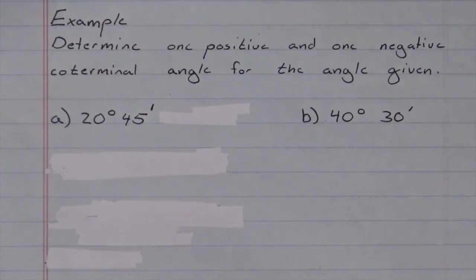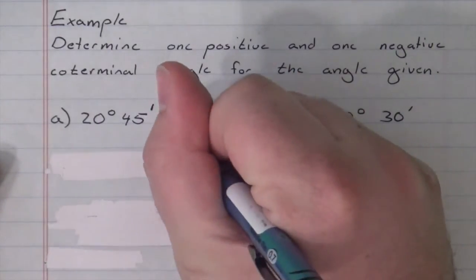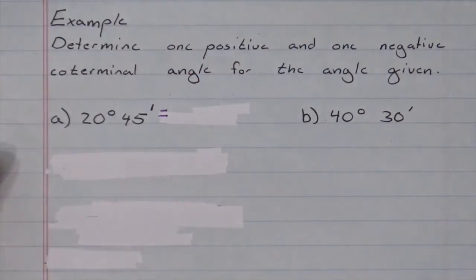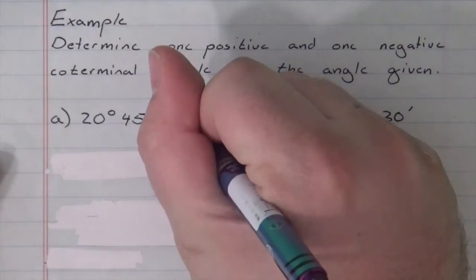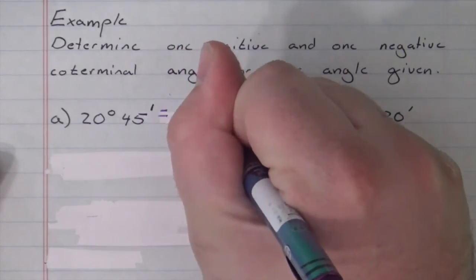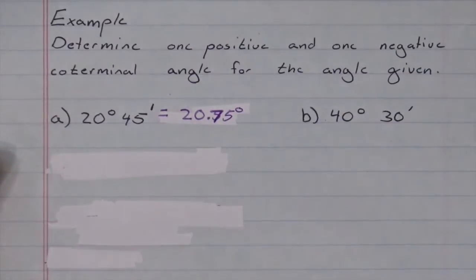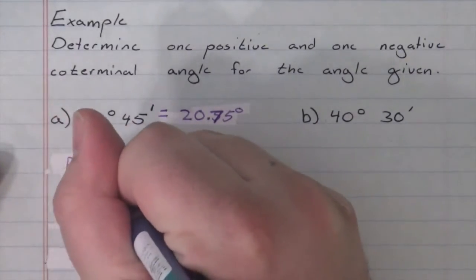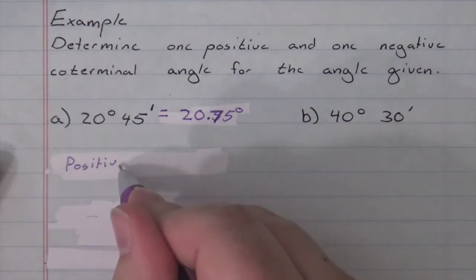The easiest way is to convert this whole thing straight into degrees. If we do 45 divided by 60, we get 0.75. So this angle is actually 20.75 degrees.